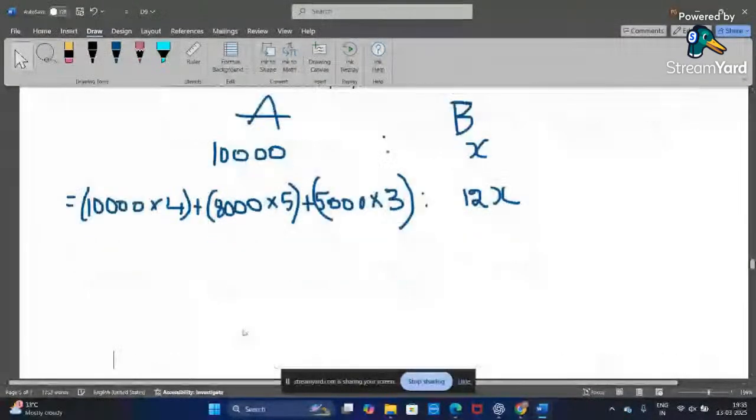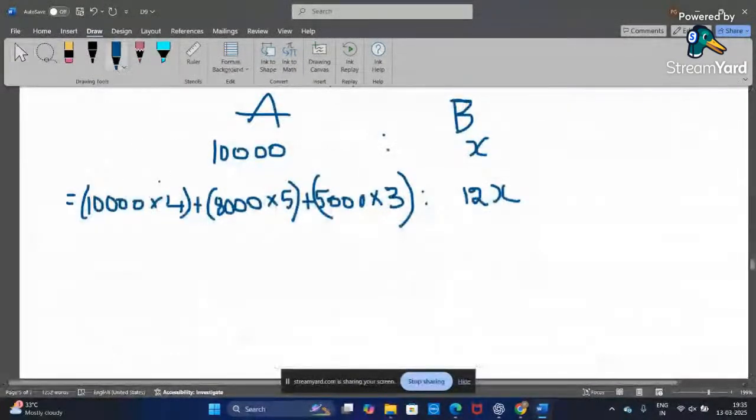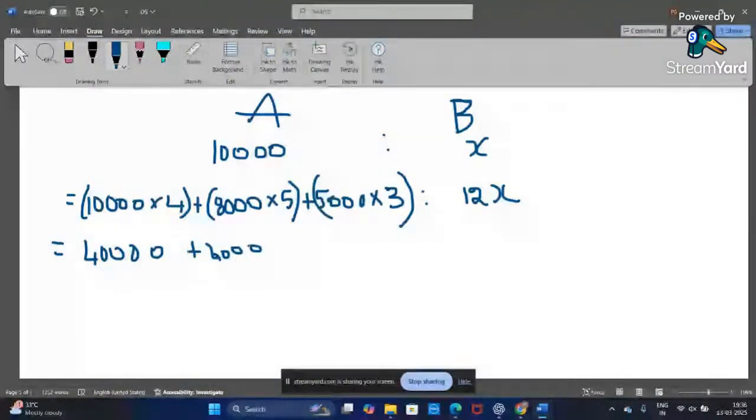So next, the step will be that we have to calculate this. 10,000 into 4, it is 40,000, right? Plus 8,000 into 5, it is again 40,000. Plus 5,000 into 3, it is 15,000, right?